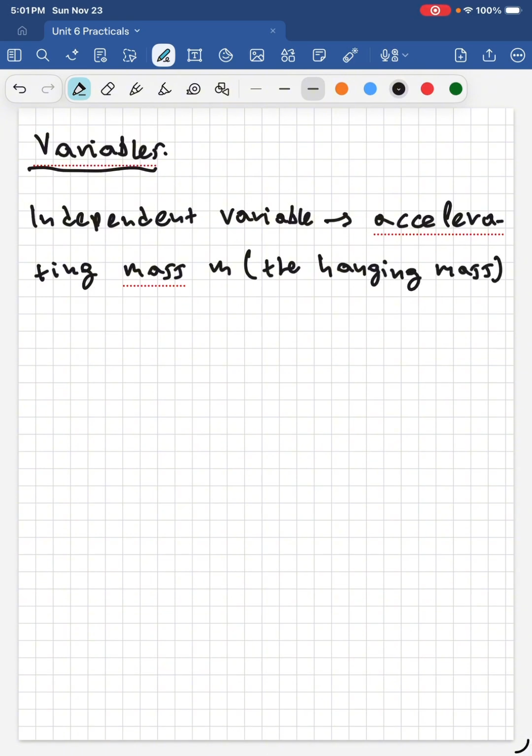Okay, the dependent variables. So this is the independent variable.